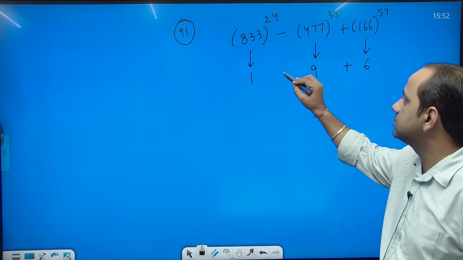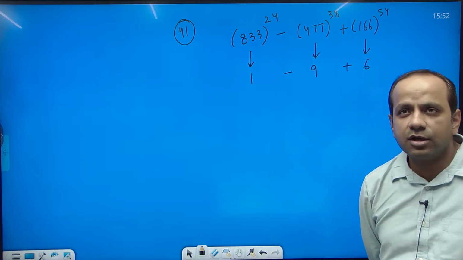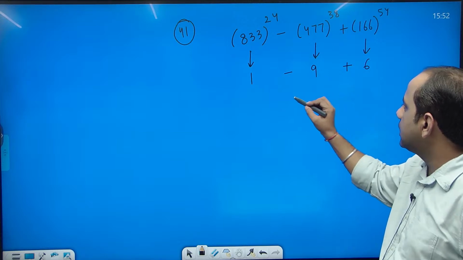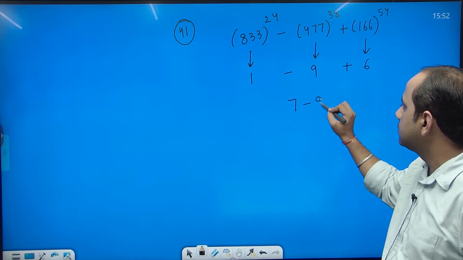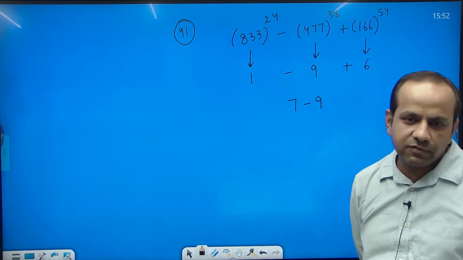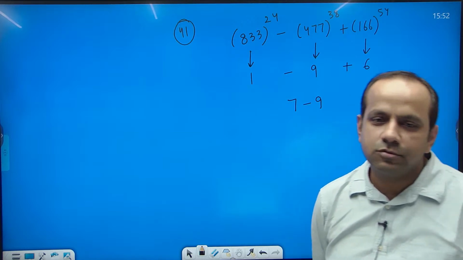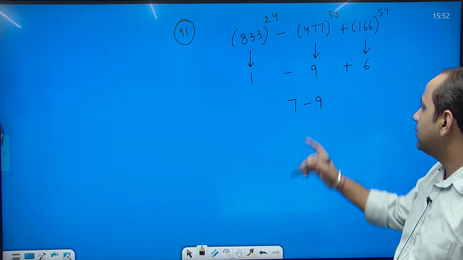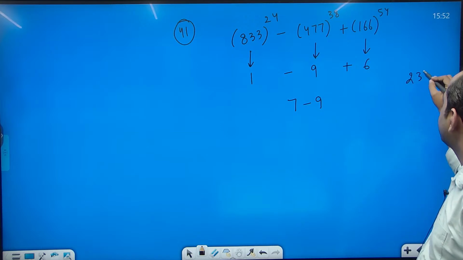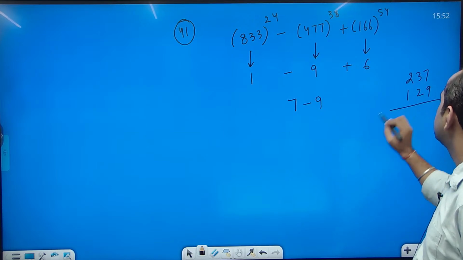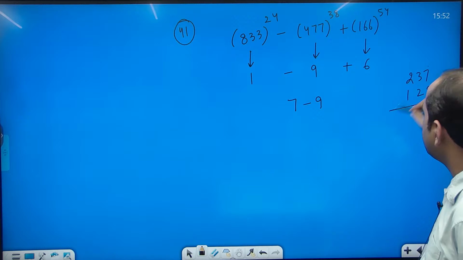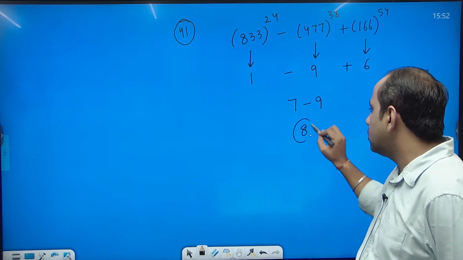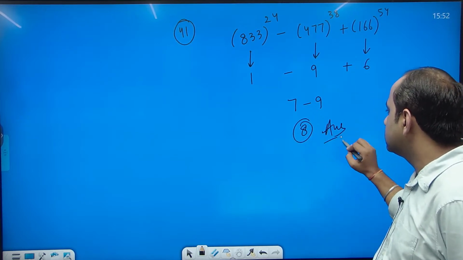This is plus, this is minus. Is it okay? Now what are we getting? We are getting 1 minus 9, and 7 minus 9. The unit digit will be minus 2. It will be like 237 minus 129. So 17 minus 9 will be 8. So 8 is your final answer to the question.